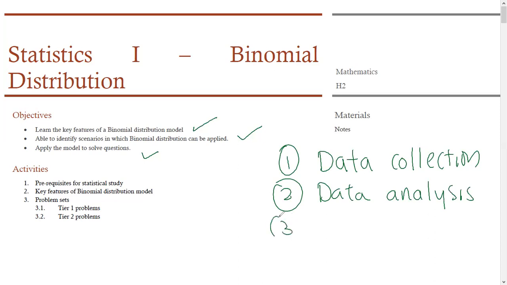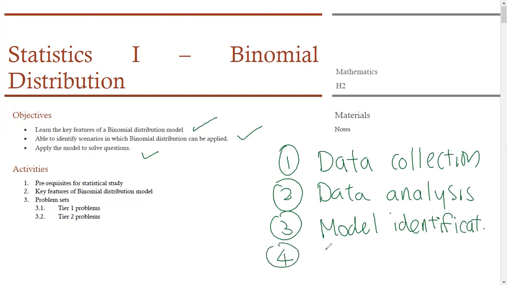The third part here is model identification. And then the last part is model application, or prediction.